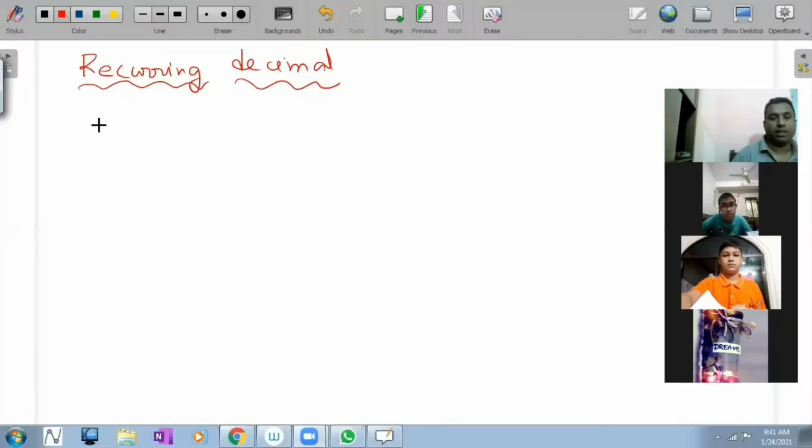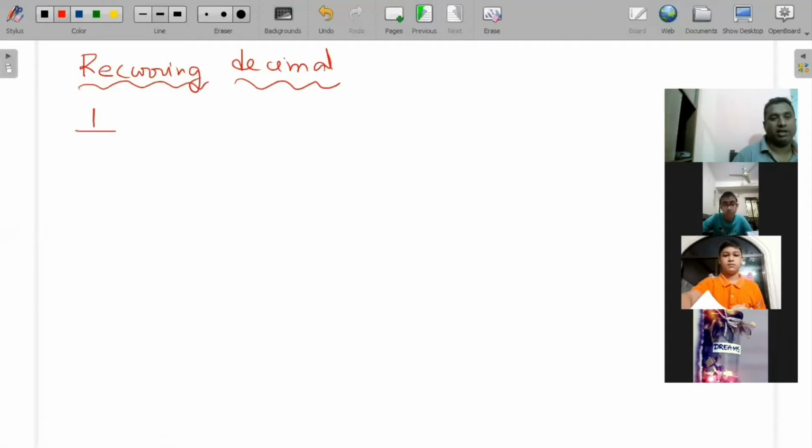Let us see what a recurring decimal is. Suppose we are dividing 1 by 3. If you divide 1 by 3, 0 point, then 0, 3 3s are 9. Now take 1, you can take 3 0, again 3 3s are 9.